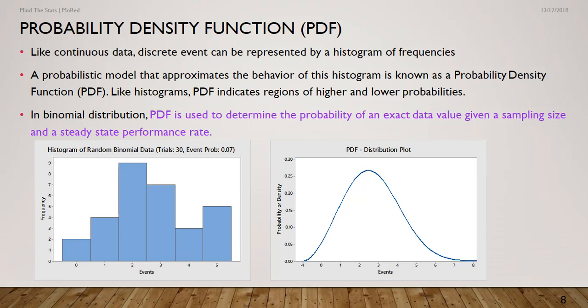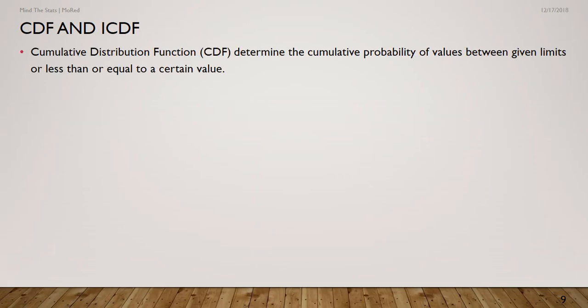In binomial distribution, the PDF is used to determine the probability of an exact data value given a sampling size and a steady state performance rate. Like histograms, the PDF indicates regions of higher and lower probability. This is the area of higher probability, and the tail ends are the areas of lower probability. We're just going to say a few words about cumulative and inverse cumulative density functions.